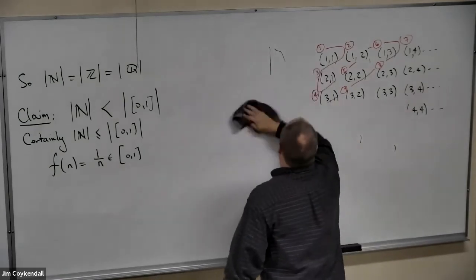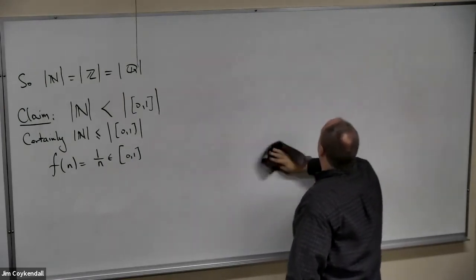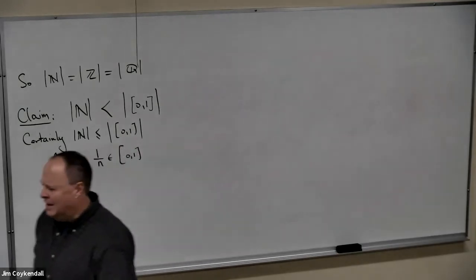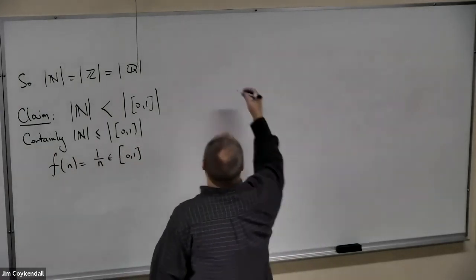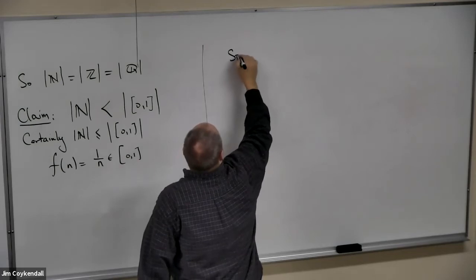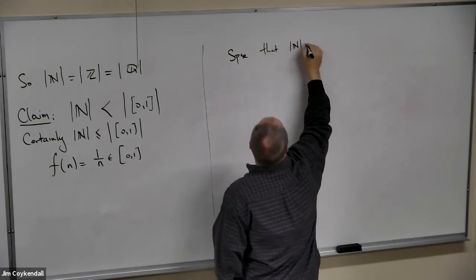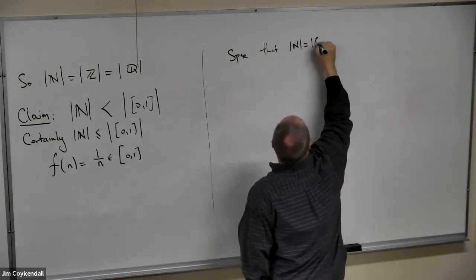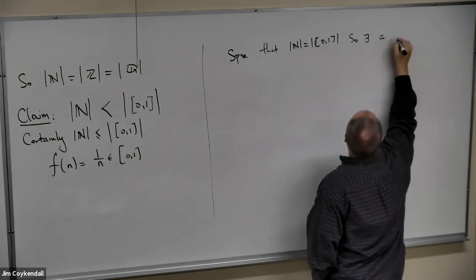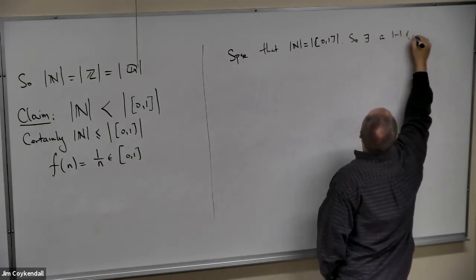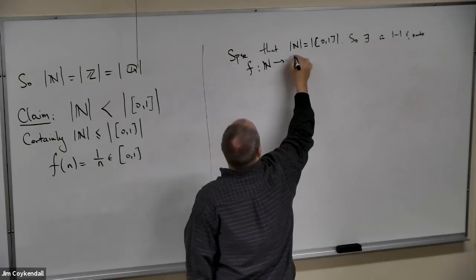Let's suppose, and this is actually an amazing mathematical argument that did not really surface in the mathematical community until the turn of the 20th century, that there exists a one-to-one and onto function f from the natural numbers to [0, 1].